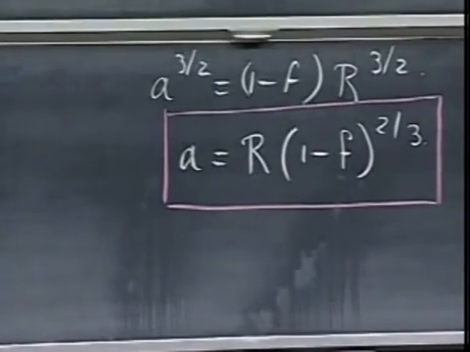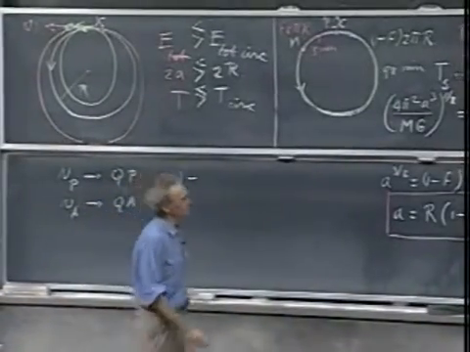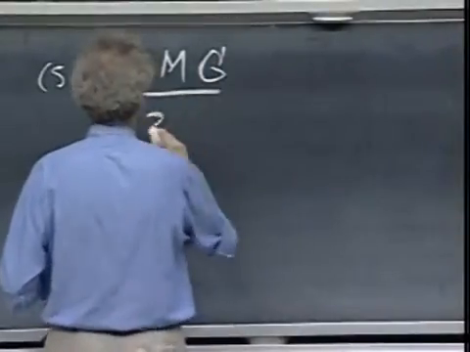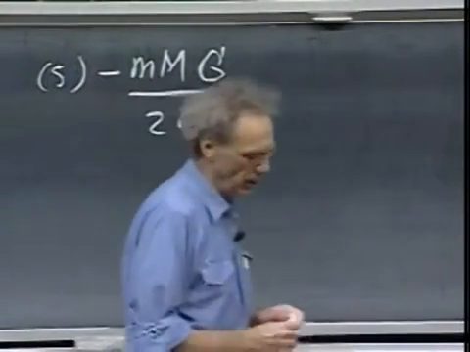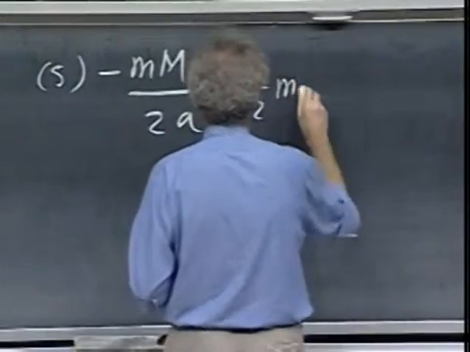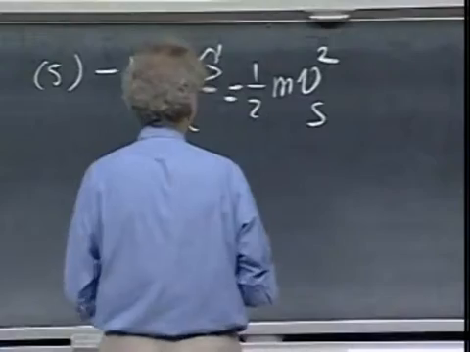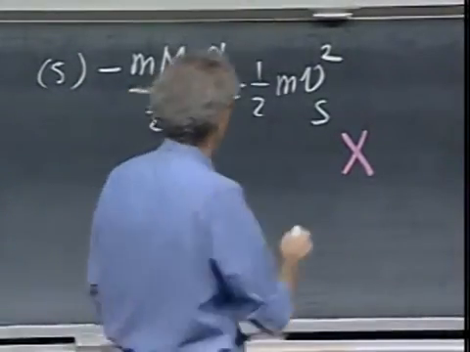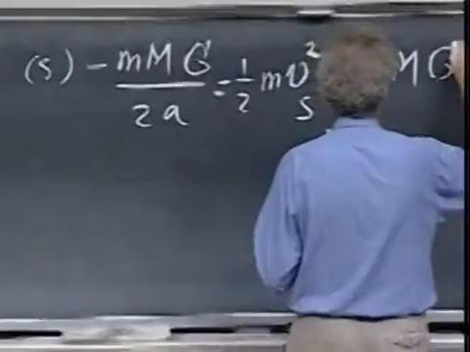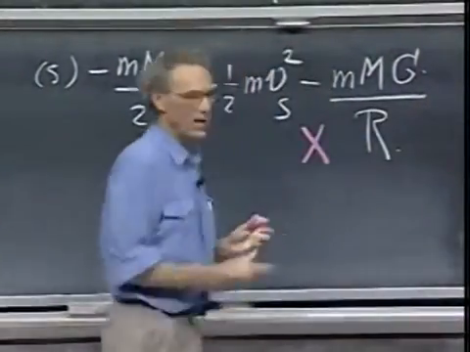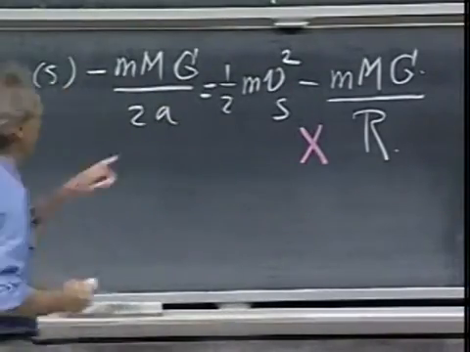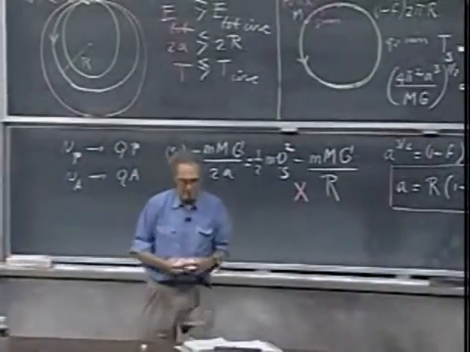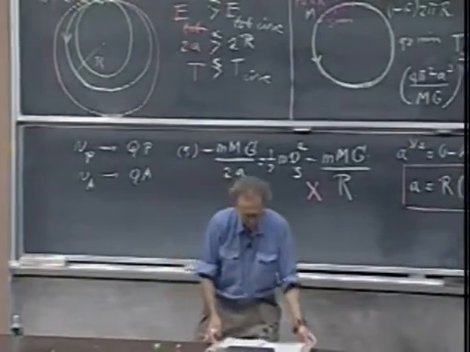Equation number 5 will tell you that minus mMG divided by 2a, a being now the semi-major axis of the sandwich orbit, equals 1/2 m times the velocity of the sandwich squared, minus mMG divided by capital R. This happens at location x after the burn, after Peter has thrown, because the sandwich is still at location capital R, but Peter has changed the speed to Vs. And so once you know a, this equation immediately gives you Vs. And once you know Vs, then you know with what speed Peter should throw.